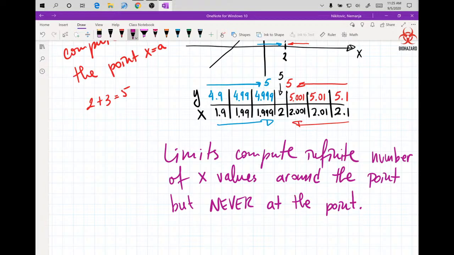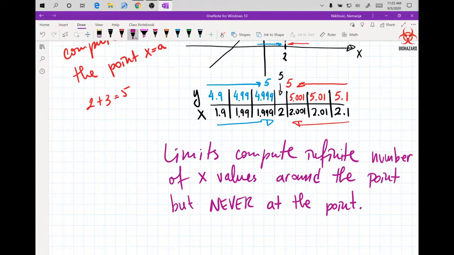So limits are going to compute infinitely many x values before and after number 2, let's say, and they're going to infer that the answer is 5. And the function will compute just at 2 and nowhere else. So technically, when you put the two of them together, they compute at every possible point around 2, including the 2.